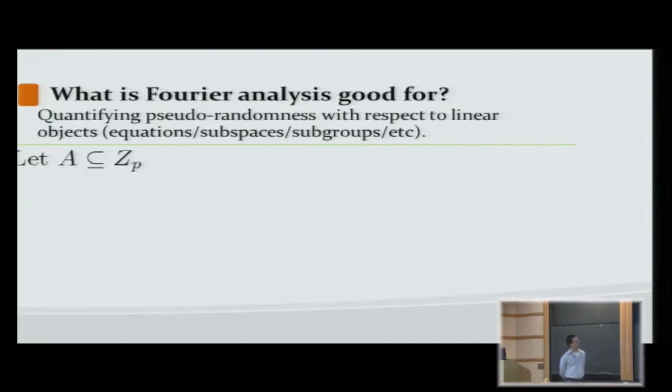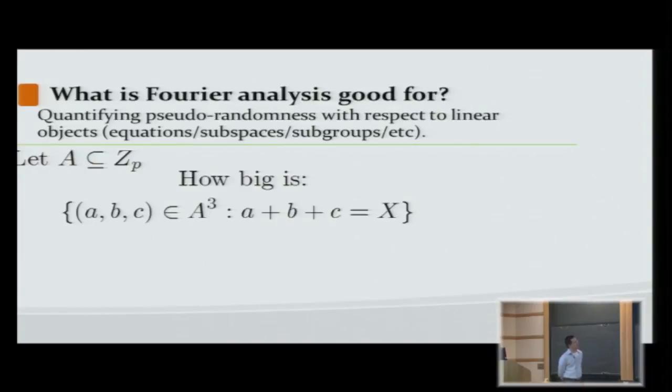If you have a set A, and Z_P is just a cyclic group of order P, you may have some linear equation, and I want to ask how many solutions to the linear equation exist in my set. So I want to know how many solutions to a plus b plus c equals x, where x is just some fixed number.